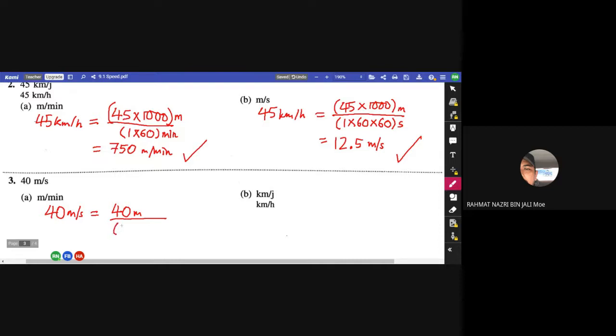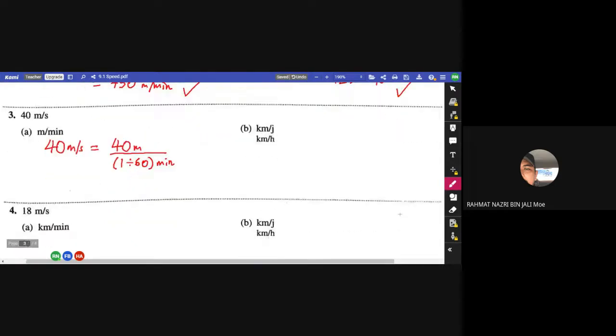From second to minute, we have to divide it, not multiply, divide it by 60. Now we get the time in minute. So press your calculator, 40 divided the bracket 1 divided 60, close bracket. So what's your answer? 2,400 meter per minute. Okay, correct.